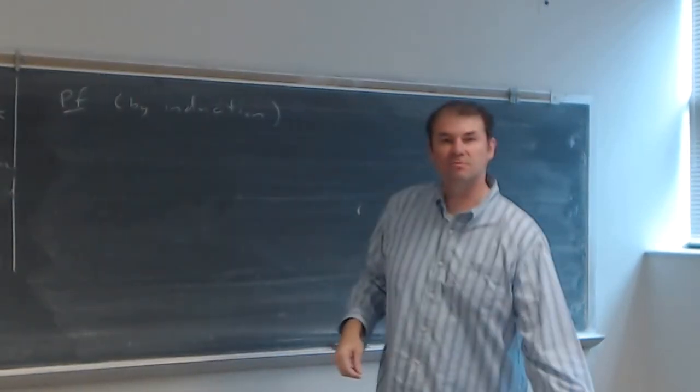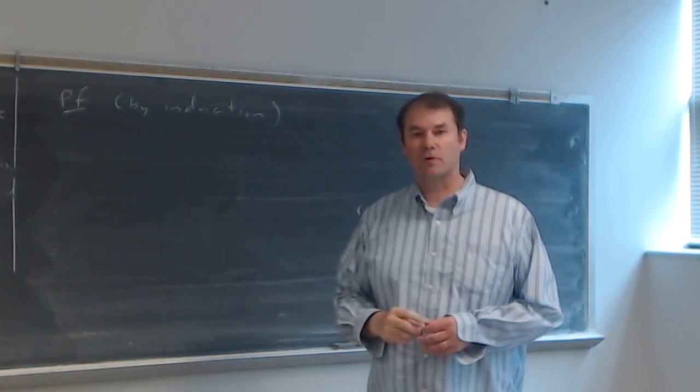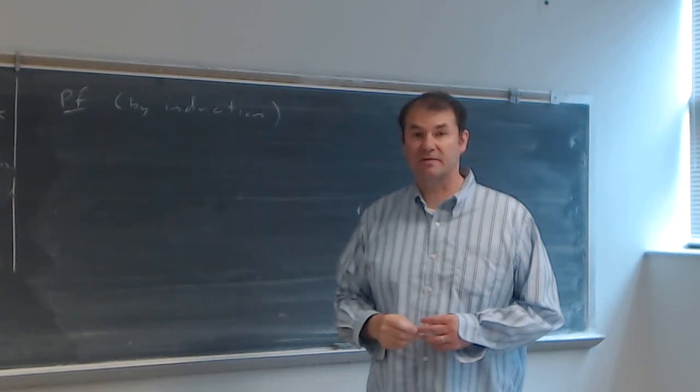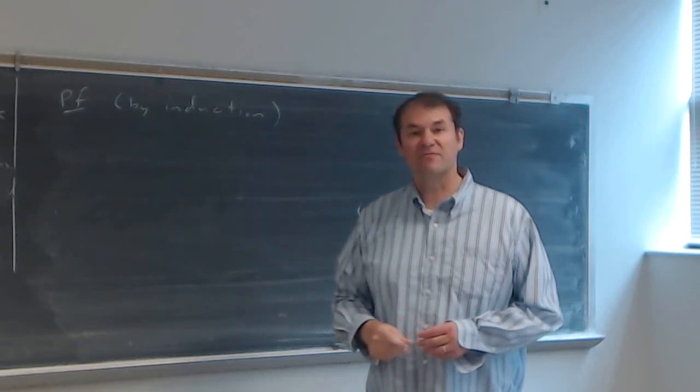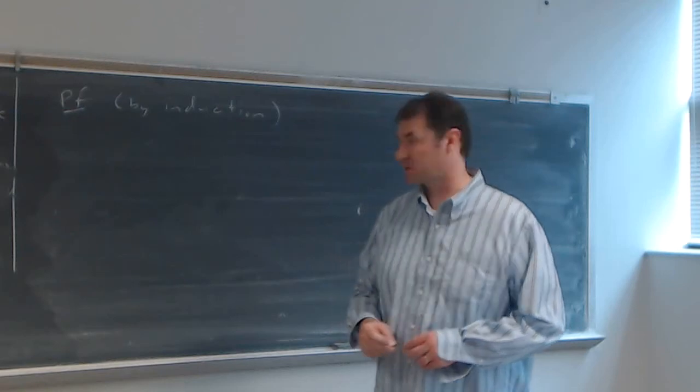Remember what we do for induction, we show that it's true for n equal to 1, and then we assume it's true for n equal to an arbitrary fixed k. We must show, based on that, that it's true for n equal to k plus 1.